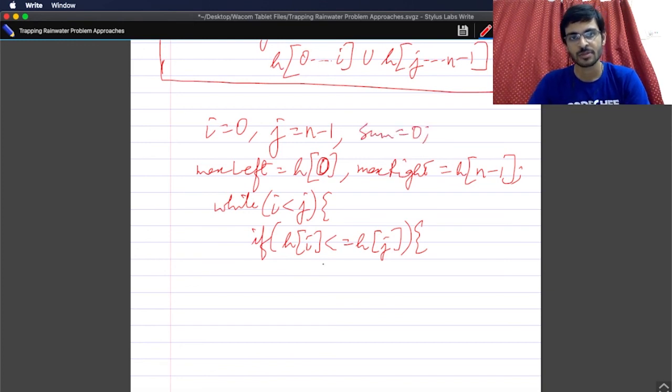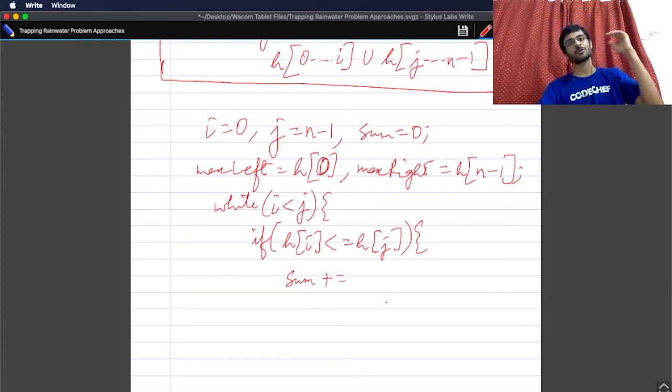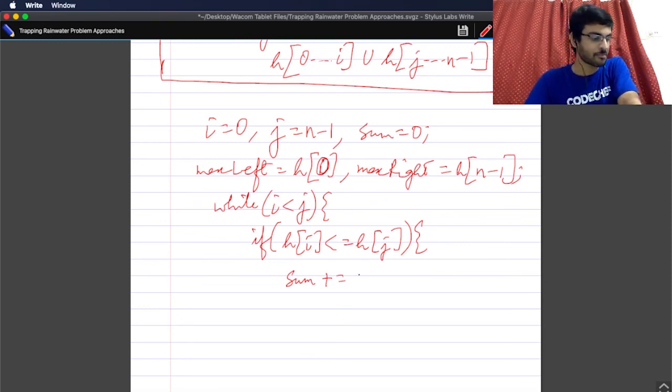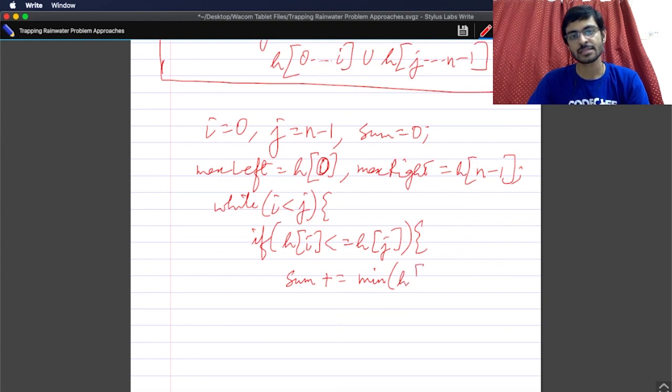So sum plus equals, we are going back to our initial approach where every x coordinate wise we are actually processing it. We can say that hj is the greatest element. If hj is the greatest element, min of hj and max left is going to suffice.